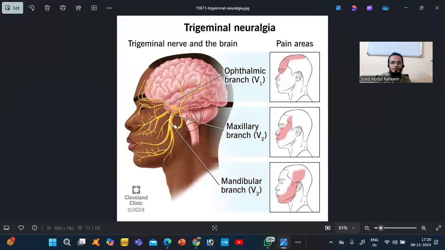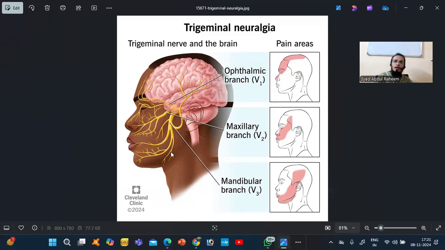This is the area where the trigeminal nerve has multiple branches. One is the ophthalmic branch, which supplies the eyeball. Second is the maxillary branch, which supplies the upper part of the teeth.